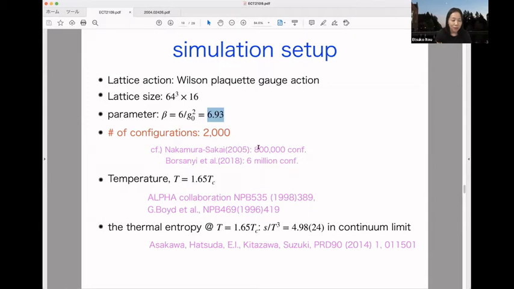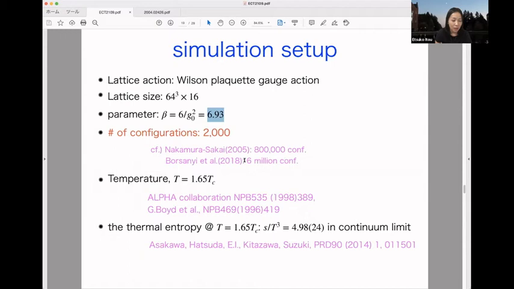Nakamura-san generated 800,000 configurations. Actually, I heard from Nakamura-san that he accumulated data for more than 5 years. So it's great. And recently, Borsanyi and his collaborators generated 6 million configurations for one parameter to obtain the viscosity in quenched QCD.